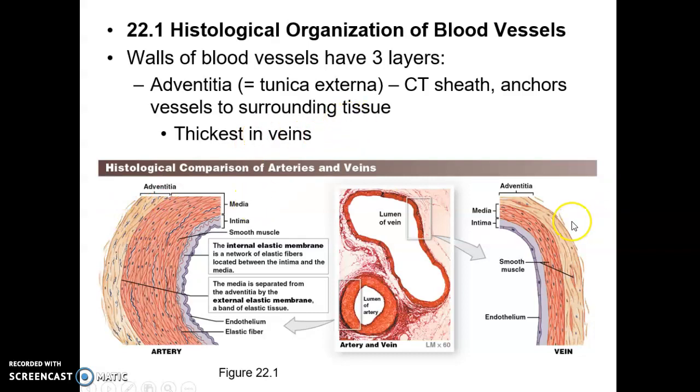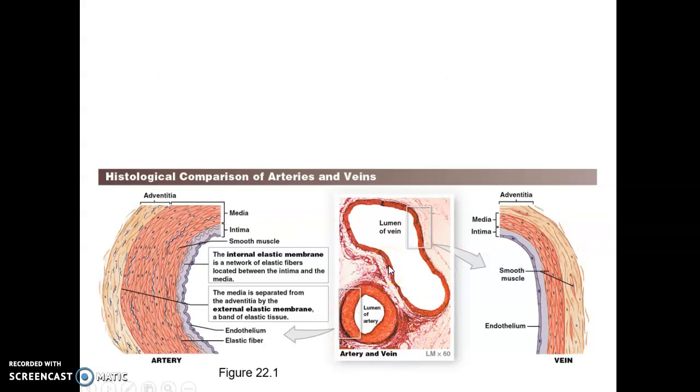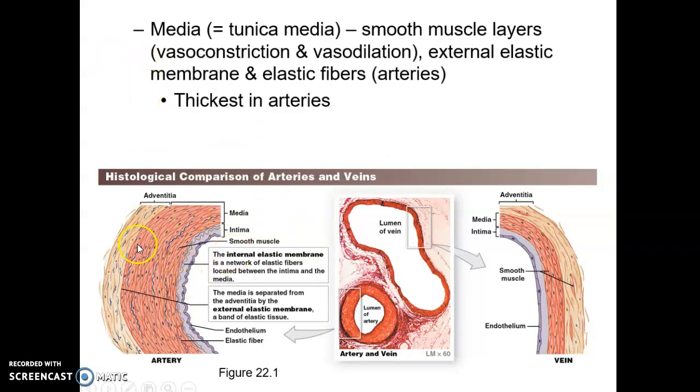And it is actually proportionally thicker in veins compared to the whole thickness of the blood vessel wall than in arteries. And on a true histological slide, it's not always easy to see the thickness of the adventitia. The middle layer, the media, or the tunica media, is predominantly smooth muscle, which allows for vasoconstriction and vasodilation.